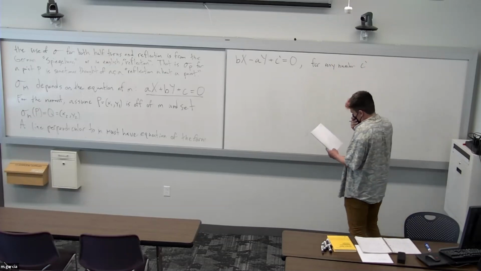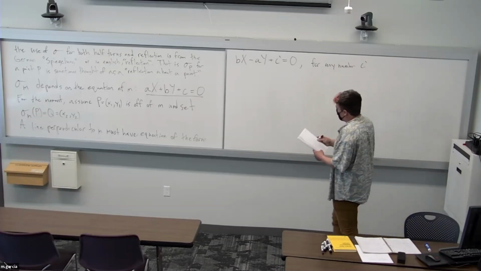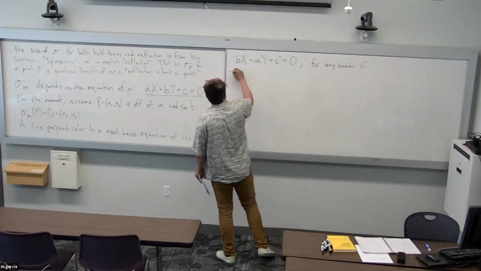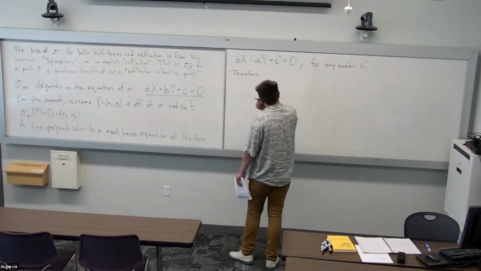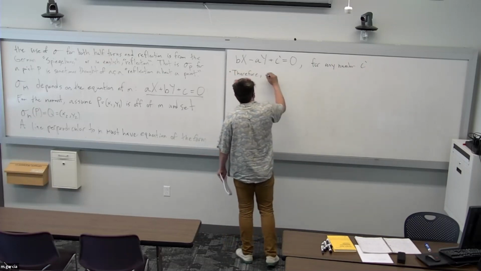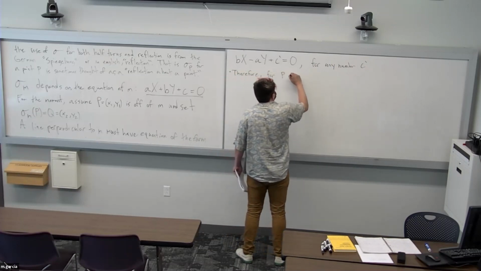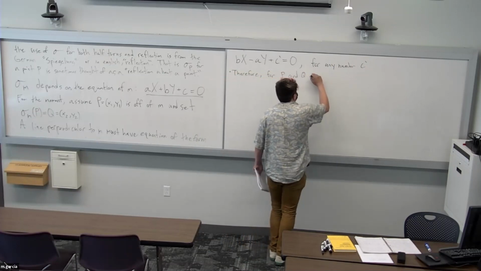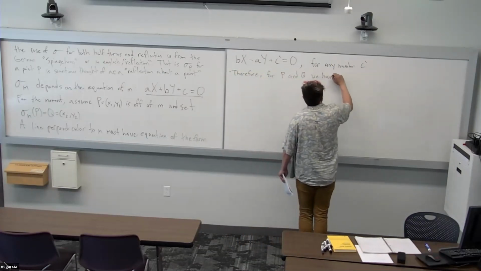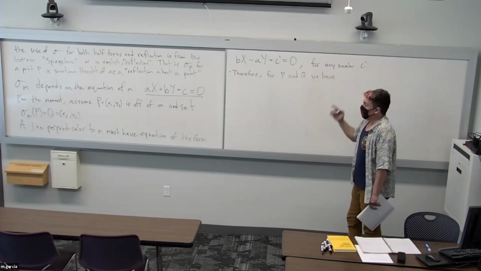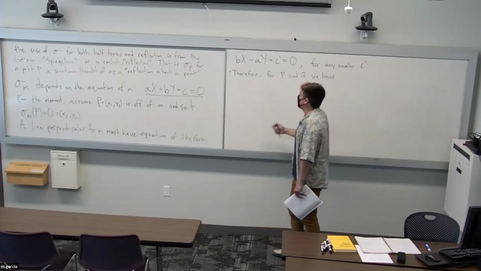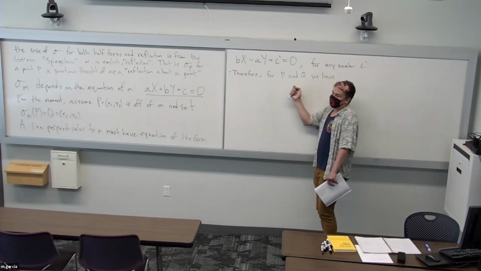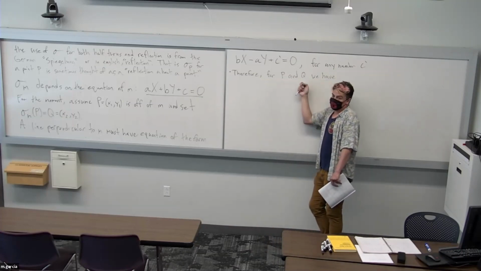Therefore, for P and Q, we have, because remember, the way sigma sub m is defined synthetically says that it's the perpendicular bisector of the line segment PQ.